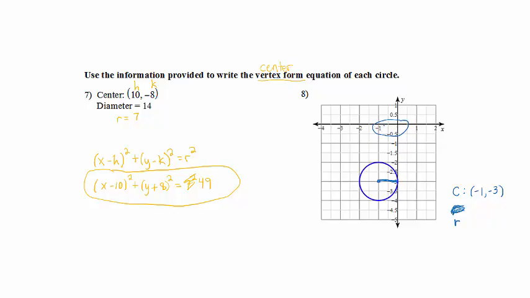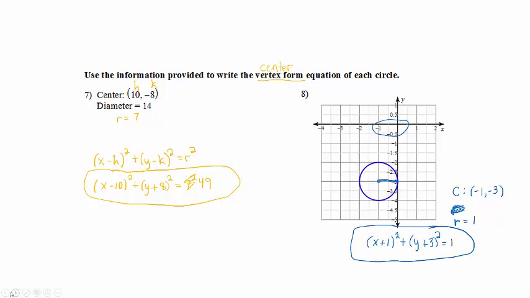It takes 2 squares to get to -1 or to +1, or between any two numbers, and so that means our radius is just 1, not 2. So then we fill into that formula and get x plus 1 squared plus y plus 3 squared equals 1 squared, or we can just leave it as 1 since 1 squared is 1, and that would be our answer.